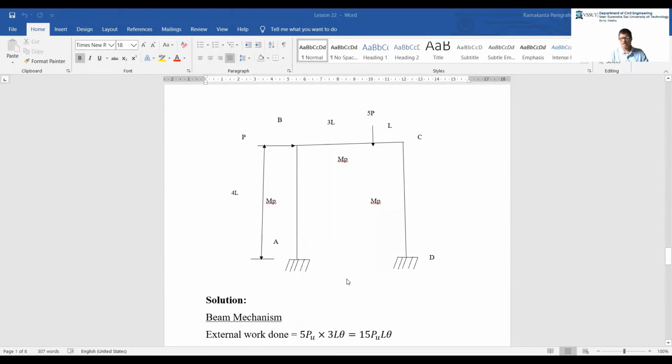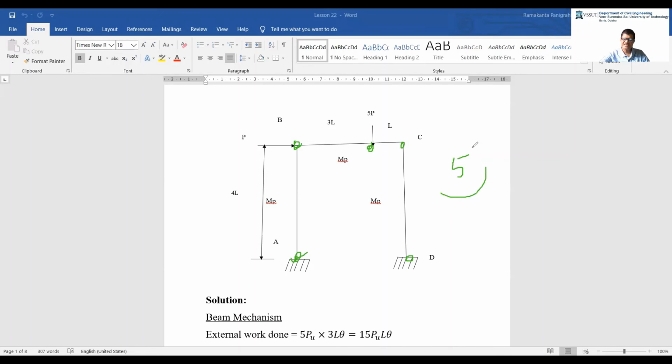And here also you find the number of unknowns is 6 and 3 equations are available. So the degree of static indeterminacy is 3, and we will find the formation of the hinges. One hinge will be here, one here, one under the load, one here, and one here.